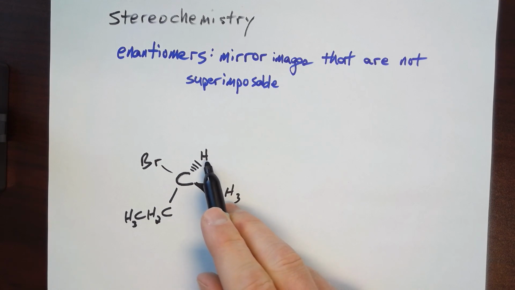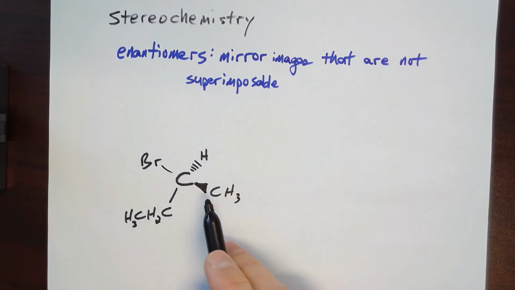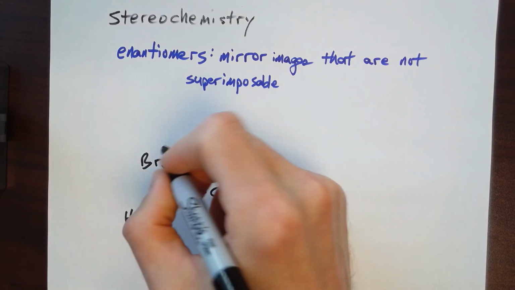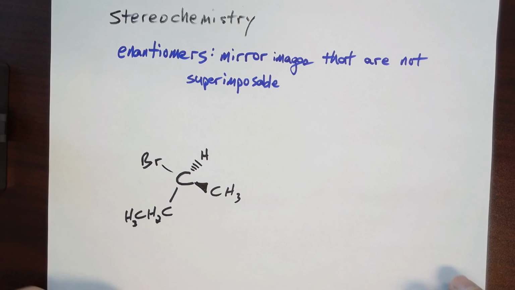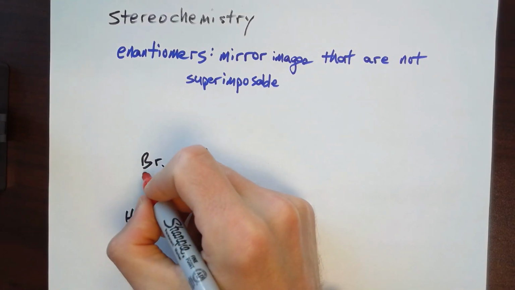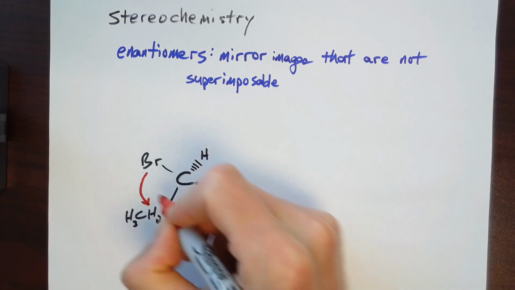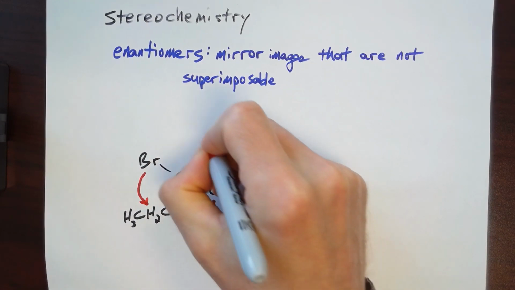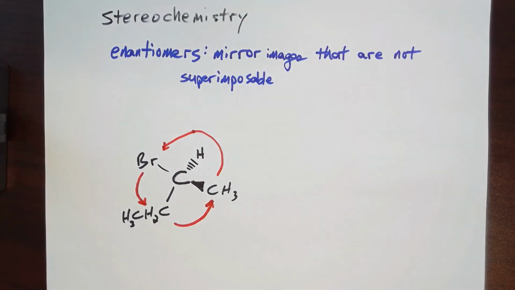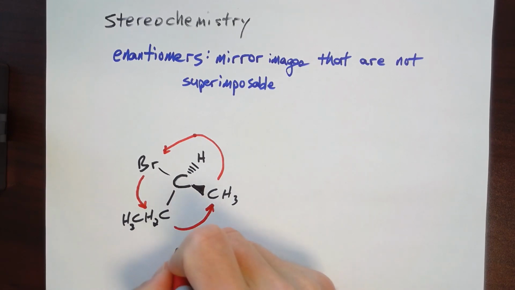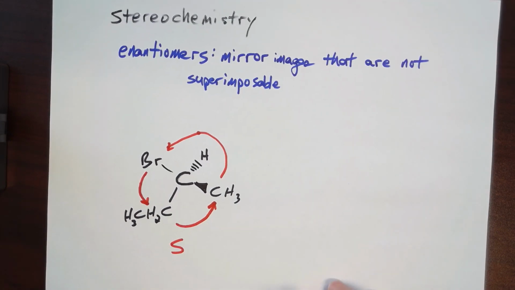So if I put the hydrogen in the background, then I look at the remaining three, and I notice that bromine has the highest priority. The ethyl group has the next highest priority. The methyl group has the lowest priority. And this gives me a counterclockwise rotation. So this is the S stereoisomer.